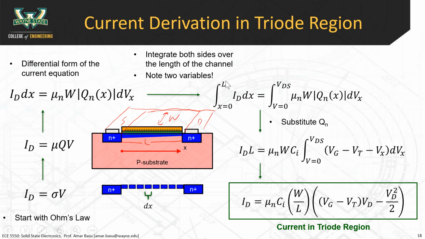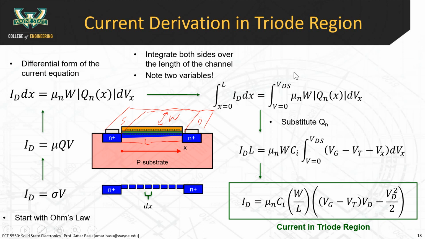On the left side of the equation, we have ID times dx, and dx is our variable of integration. So we integrate dx from the left side of the channel, where x equals 0, to the right side, where x equals L.